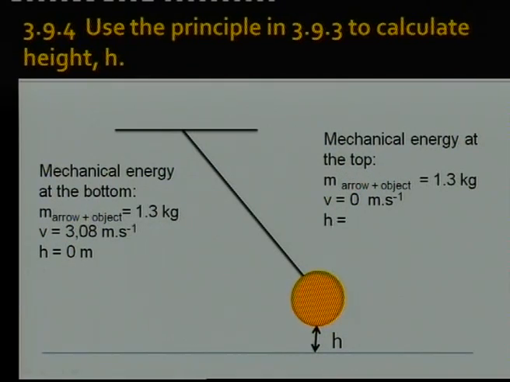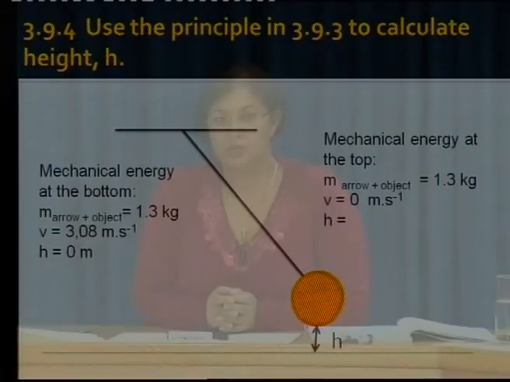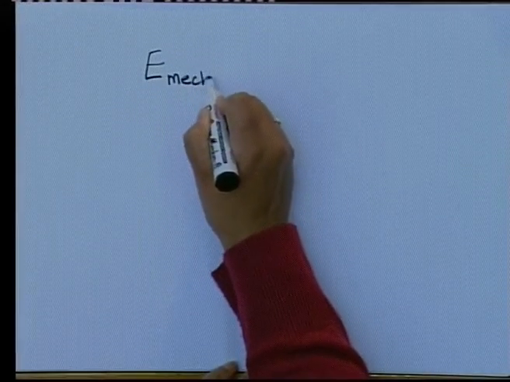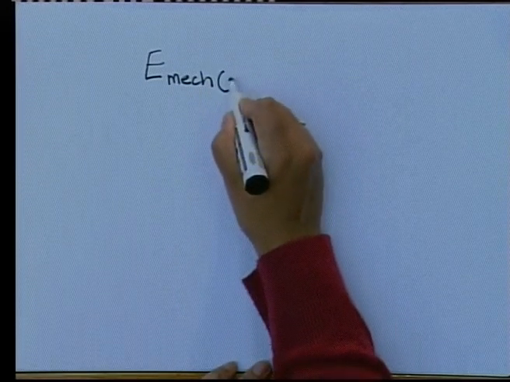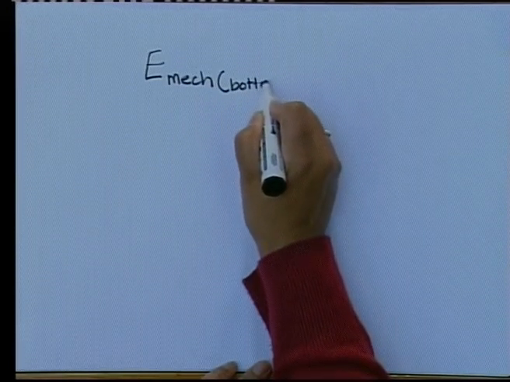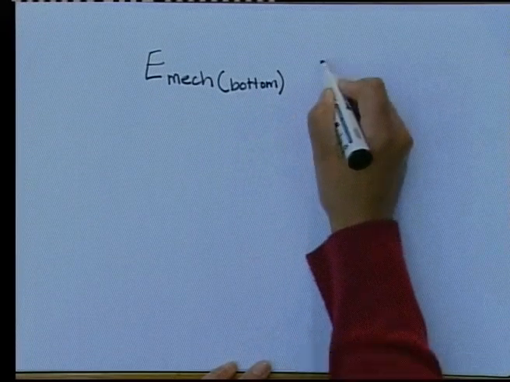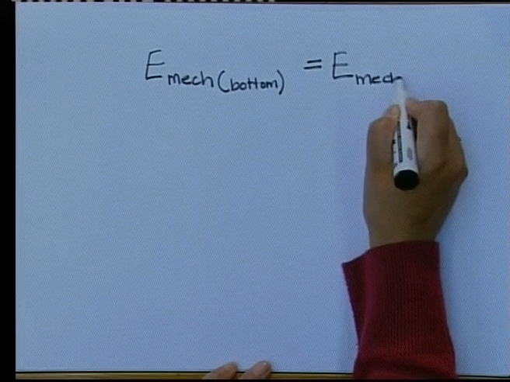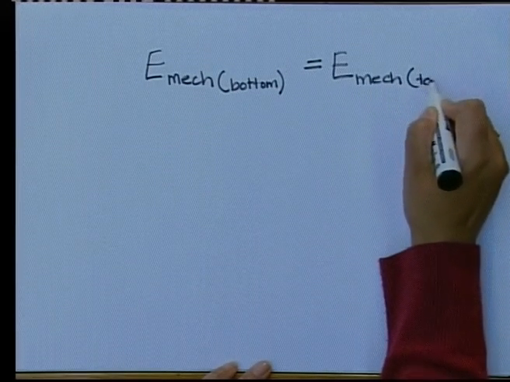Now, how do we approach this problem? We're going to start with the principle of mechanical energy. Remember that the principle of mechanical energy is that your mechanical energy, E mechanical, at the bottom, at the lowest point, will be equal to E mechanical at the top.